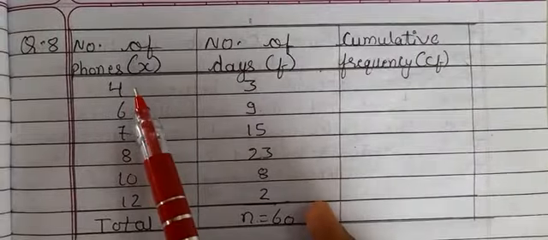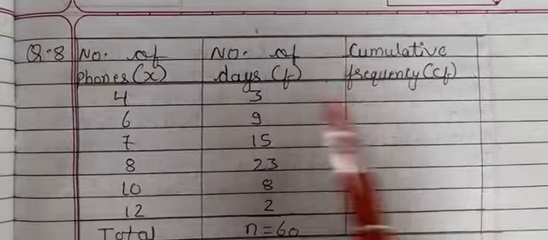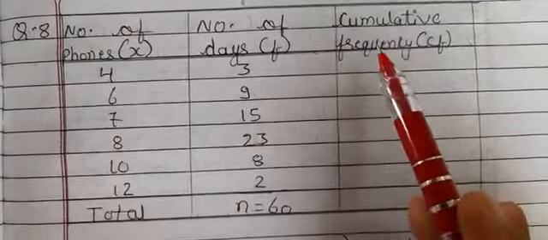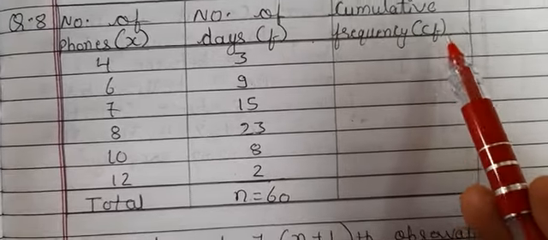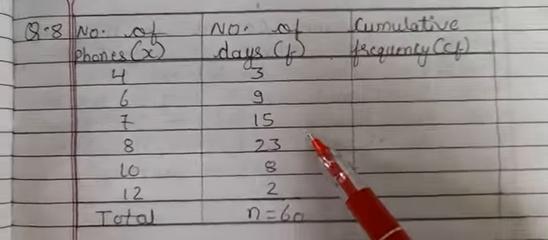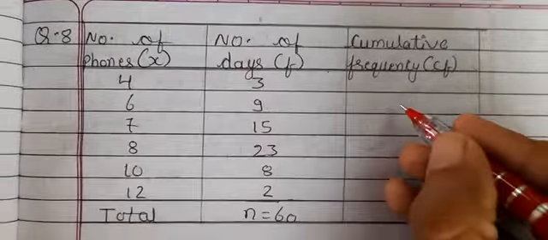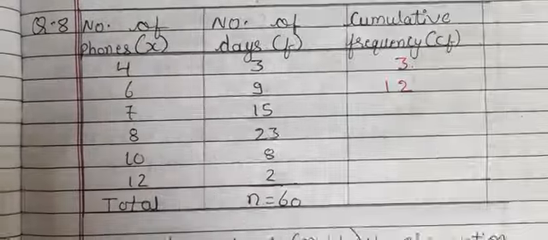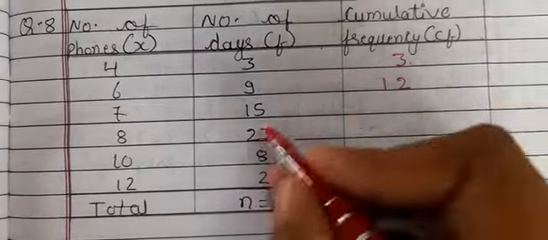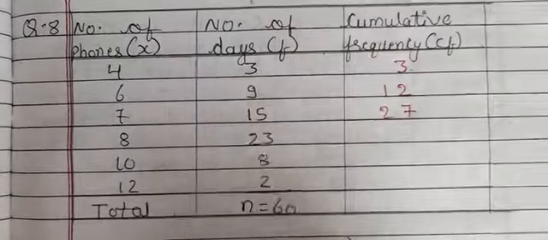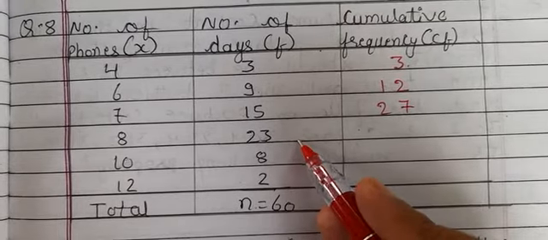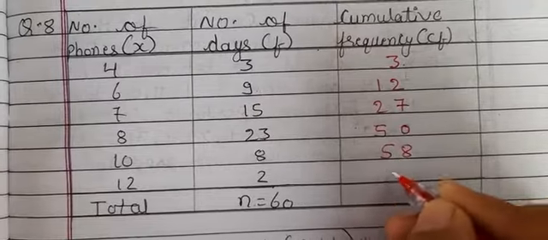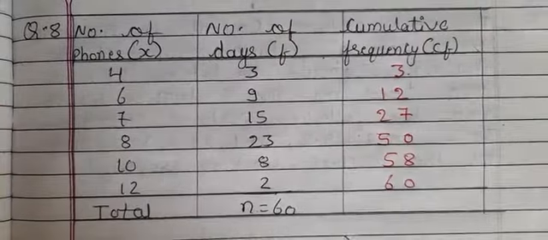First of all, we will make a 3-column table: number of phones, that is X, number of days, that is F, and cumulative frequency, that is CF, which we will calculate from frequency. Everybody knows how to calculate CF: 3 plus 9, 12, then 12 plus 15, 27, 27 plus 23 gives you 50, 50 plus 8, 58, 58 plus 2, 60.